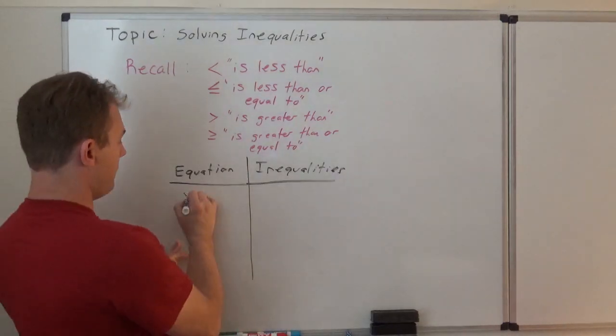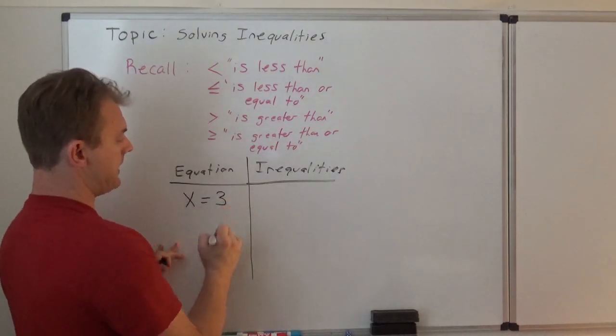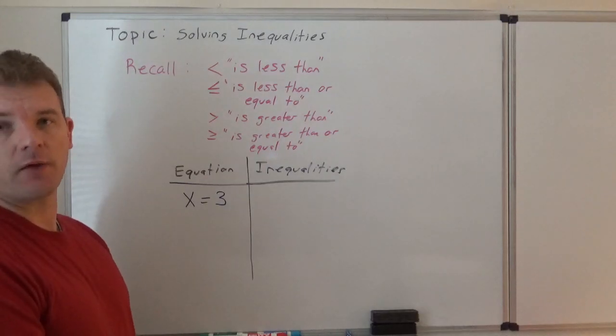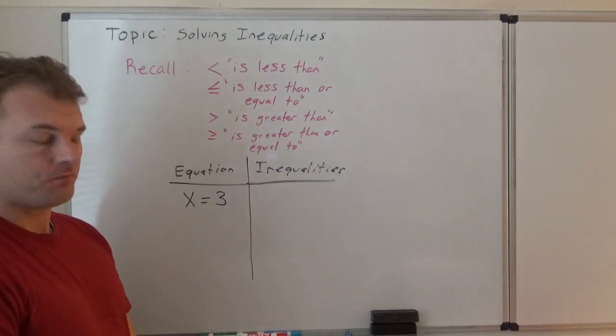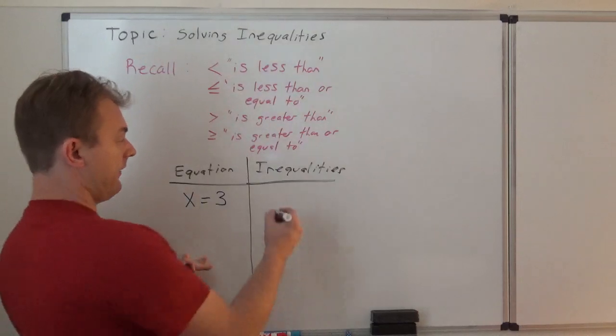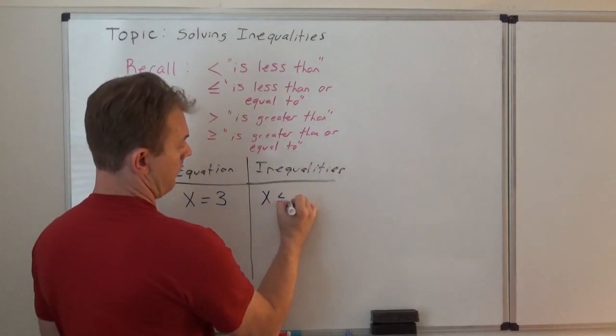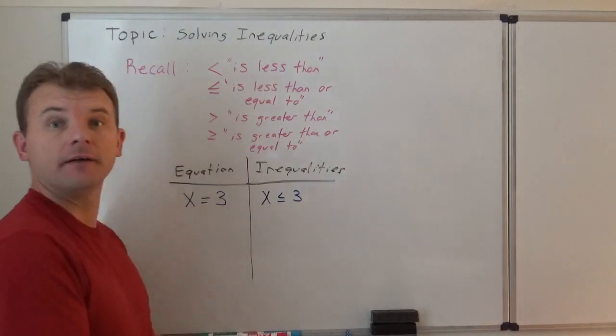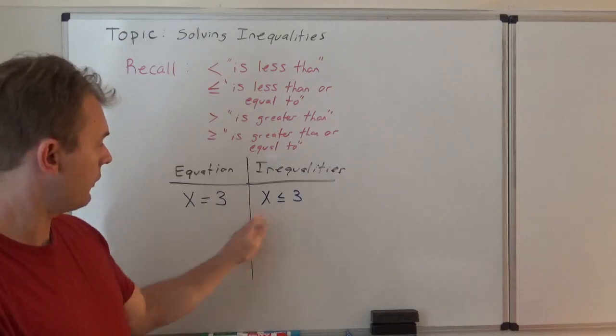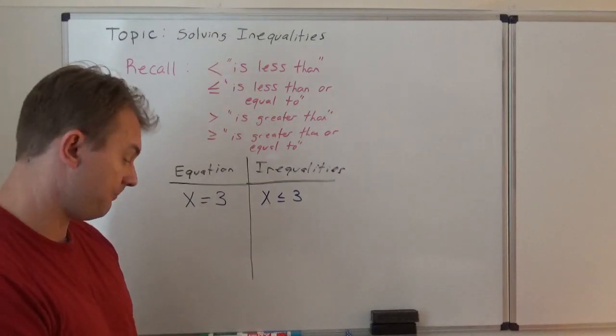For example, x equals 3 is an equation that we already know how to do. But what if we did it this way? Less than or equal to 3. See how we're using the inequality sign this time?